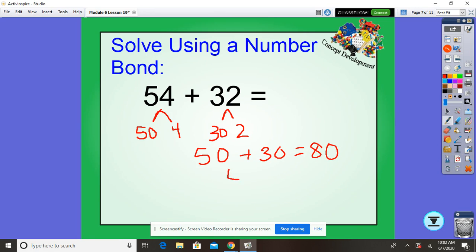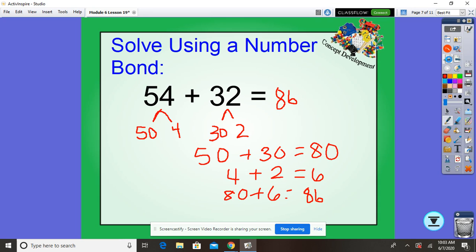And then I have 4 plus 2, 4, 5, 6, and that equals 6. But we're not done yet because we have to add the tens and the ones together. So 80 plus 6, let's see, 80, 81, 82, 83, 84, 85, 86, and that gives me 86 also. So my answer is 86.